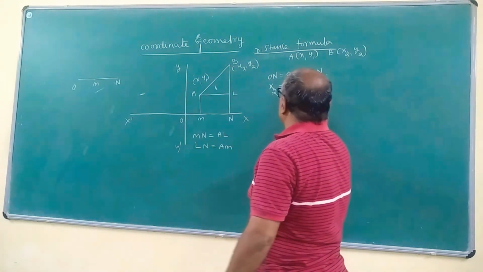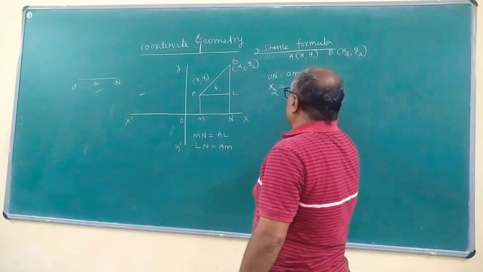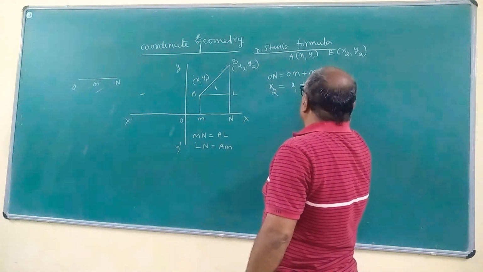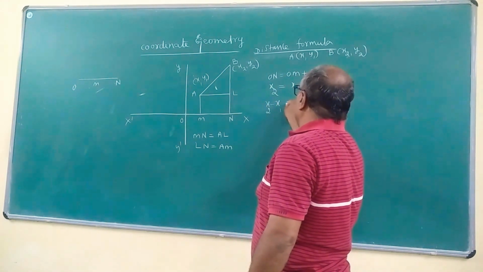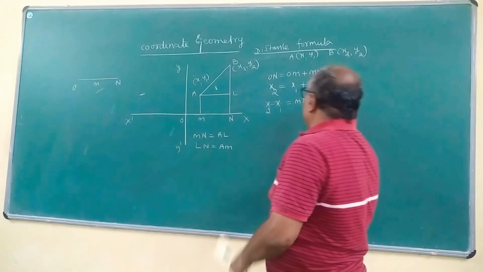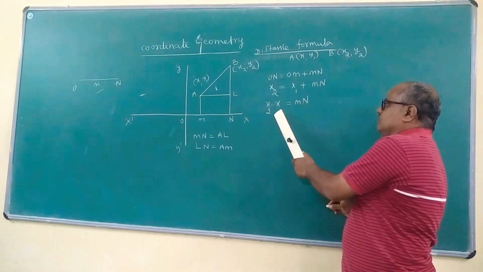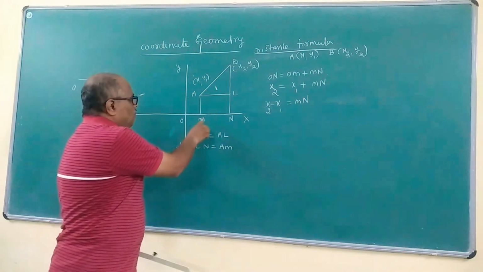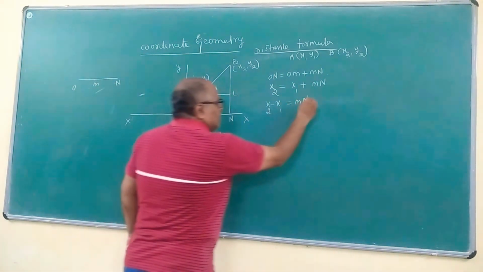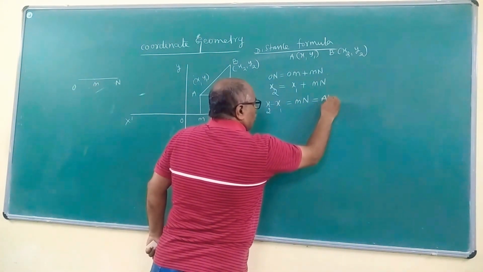OM is nothing but x1. MN we don't know. x2 minus x1 should be equal to MN. You transpose x1 to the LHS, it becomes minus x1. MN is nothing but AL. You have to write AL also.